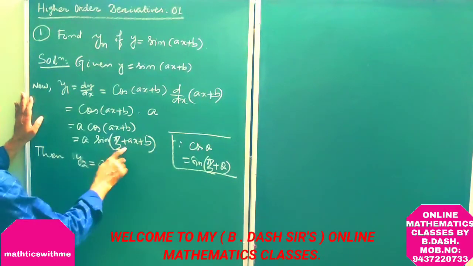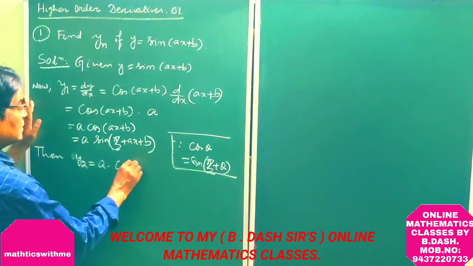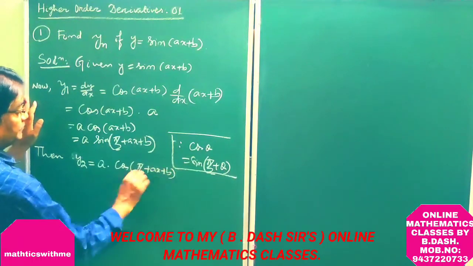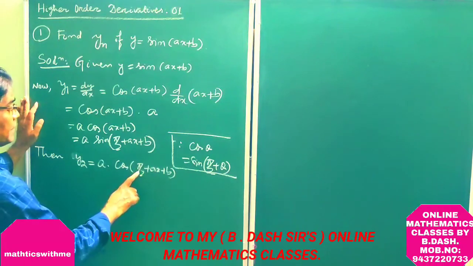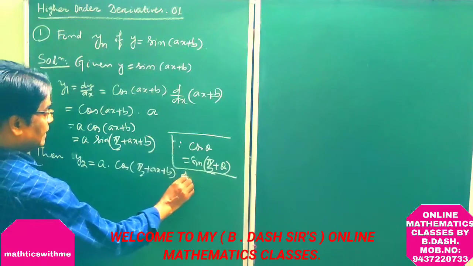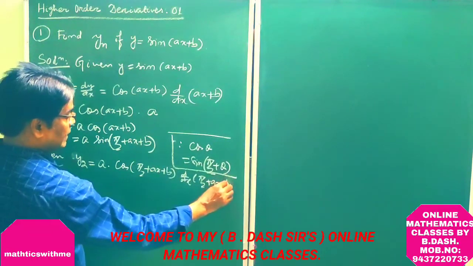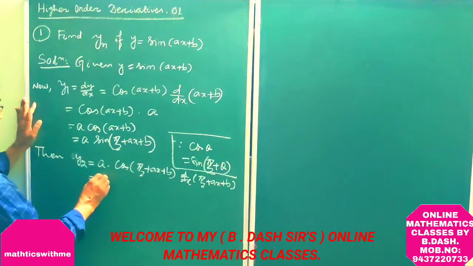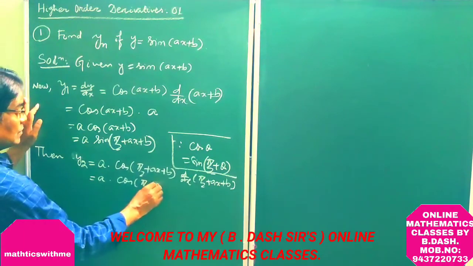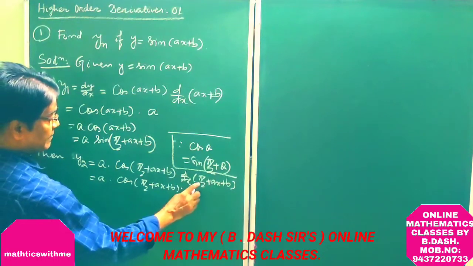The derivative of sine of pi by 2 plus ax plus b is cos of pi by 2 plus ax plus b. Then the derivative of pi by 2 plus ax plus b, d by dx of pi by 2 plus ax plus b, is a.